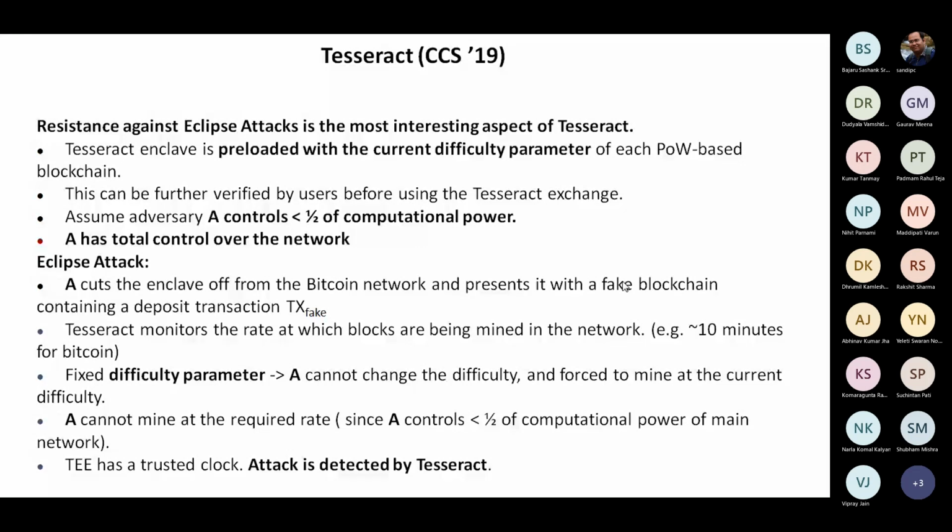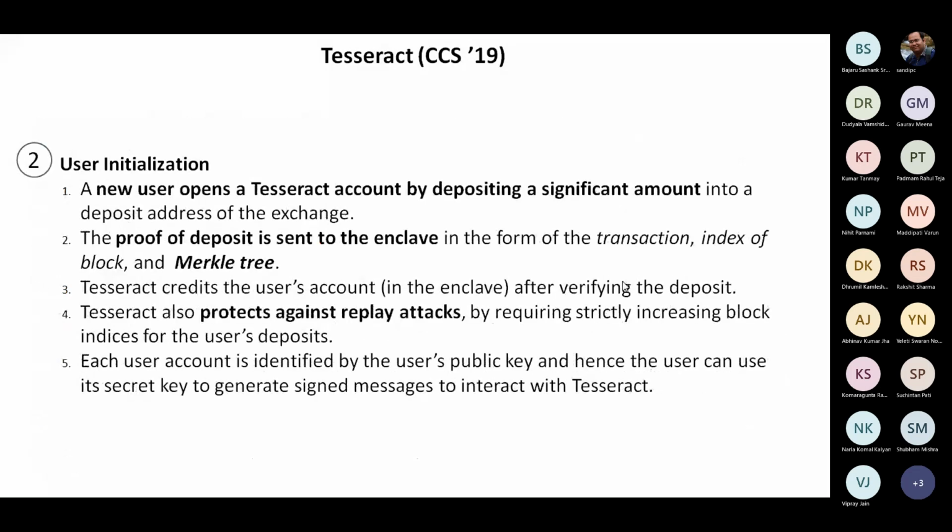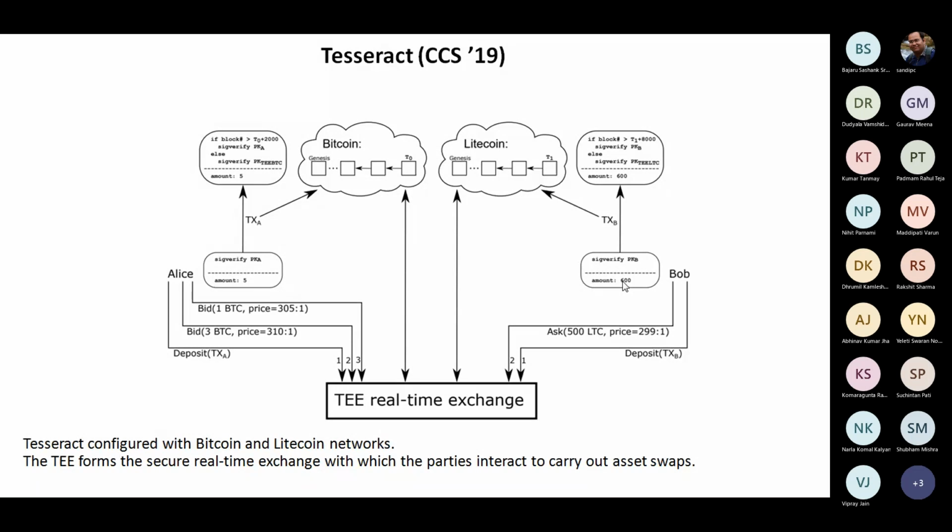So these are the various steps that this Tesseract takes in order that it can withstand these types of attacks. And one final point is that if you see the script SIG, it says that suppose Alice makes a deposit of say 5 bitcoins, or Bob makes a deposit of 600 Litecoins. These are to be deposited using a transaction.